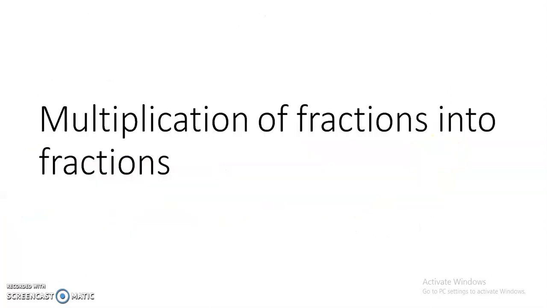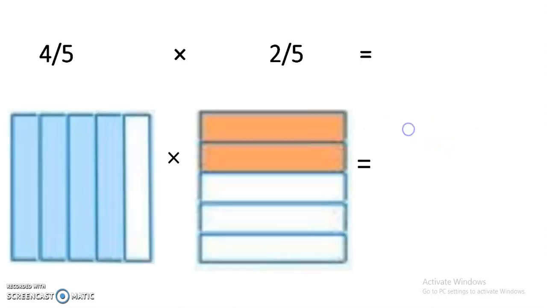Multiplication of fractions into fractions. Look at the example I have over here. I have 4 upon 5 multiplied by 2 upon 5. Because I have both the fractions, I am going to represent both of them in fraction form.